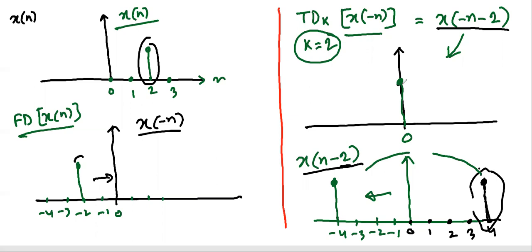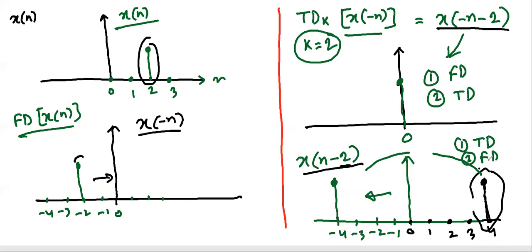In operation number 1, we did the folding operation first and then the time delay. In the second one, we first did the time delay and secondly the folding operation, and they gave us different results. That's why these are not commutative in nature.